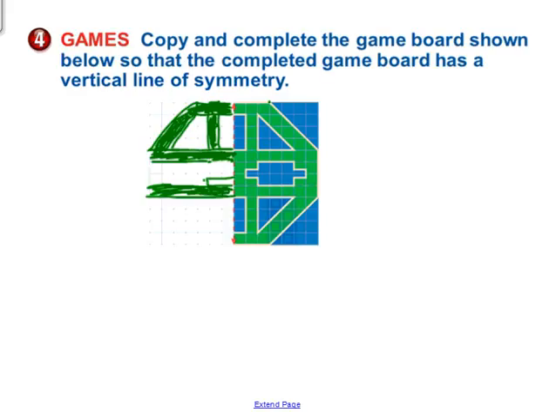Switch and do a little bit of blue here. And you can see I'm just going along and duplicating the drawing from one side to the other. All right, I think we can finish it now.